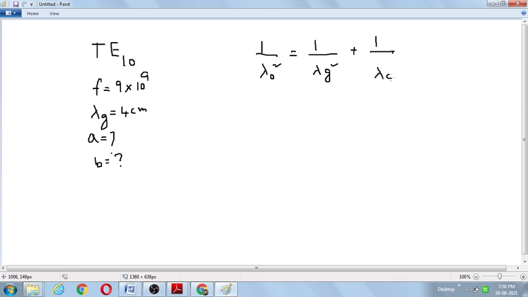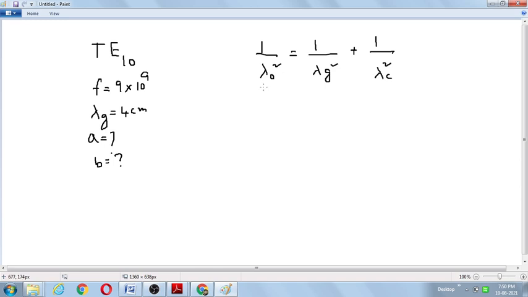This is the relation between lambda g, lambda naught and lambda c, where lambda naught is the free space wavelength, lambda g is the guided wavelength, and lambda c is the cutoff wavelength.